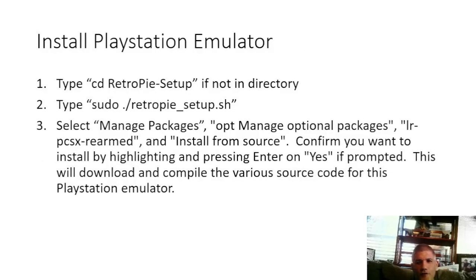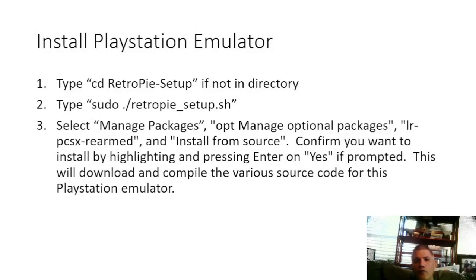Alright, now we're going to talk about how to install the PlayStation emulator, known as PCSX-ReARMed. What we're going to do is change back into the RetroPie-setup directory if we need to, and rerun the RetroPie setup script if we need to. Otherwise, if we're still in the menu, we're just going to select manage packages.